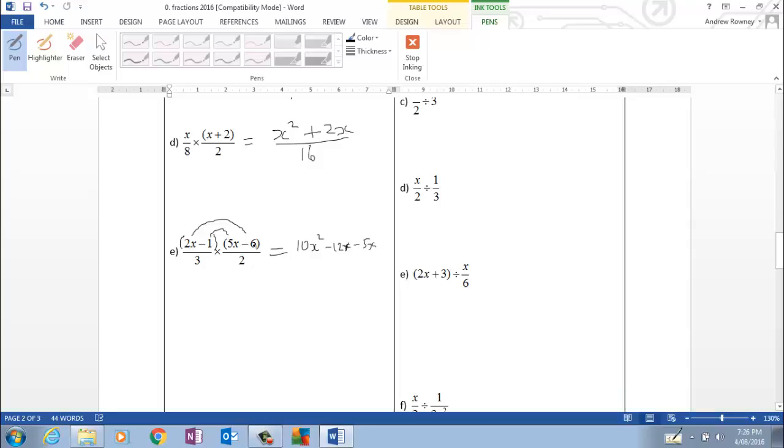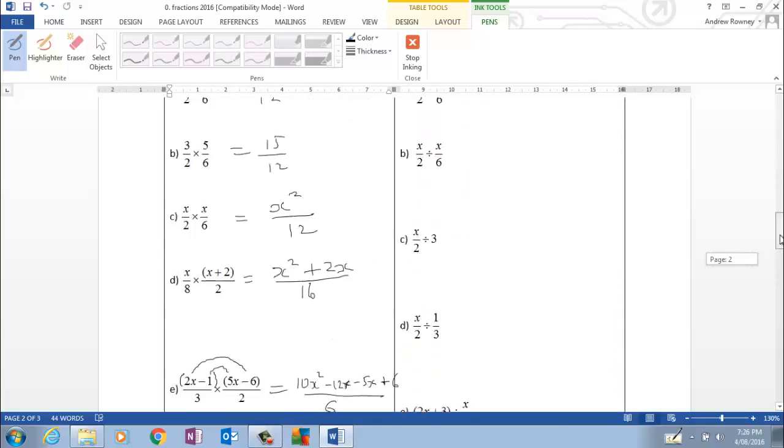And then doing the last, you get plus 6. That's all divided by 6, 3 2s. Now collect your like terms, so that's 10x squared minus 12x minus 5x is minus 17x, and you've got your plus 6, and that's all over 6.